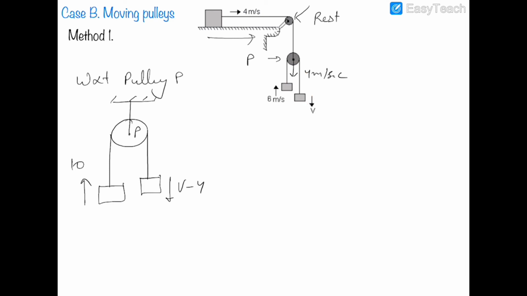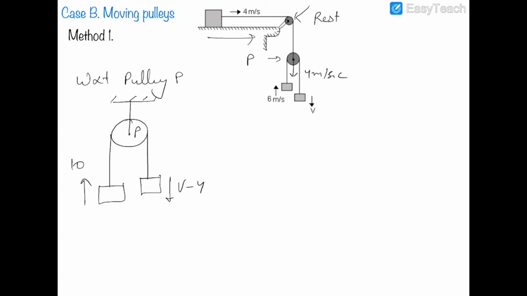So we are writing the equation as v minus 4. If we are calculating the velocity of block with respect to pulley, then relative velocity will be velocity of block minus velocity of pulley. But if we are calculating the relative velocity of pulley with respect to block, then the equation will be velocity of pulley minus velocity of block.